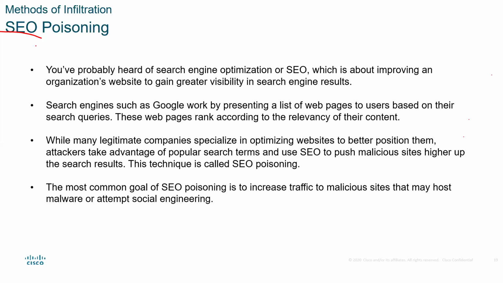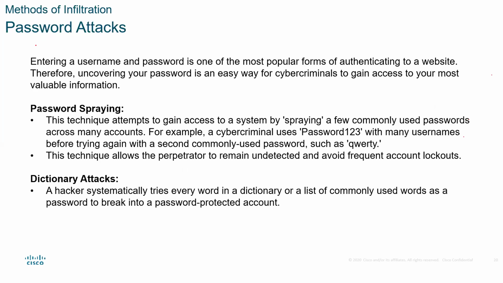While many legitimate companies specialize in optimizing websites to better position them, attackers take advantage of popular search terms and use SEO to push malicious sites higher up the search results. This technique is called SEO poisoning. The most common goal of SEO poisoning is to increase traffic to a malicious site that may host malware or attempt social engineering.